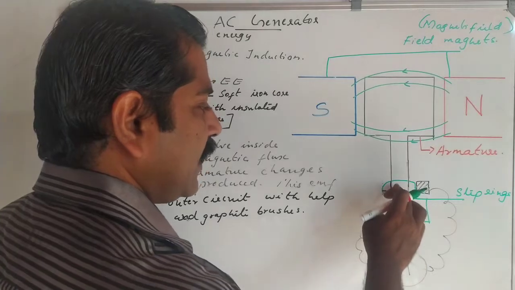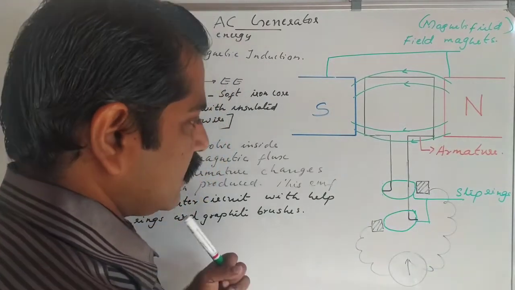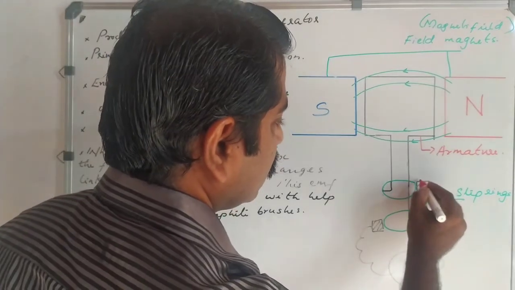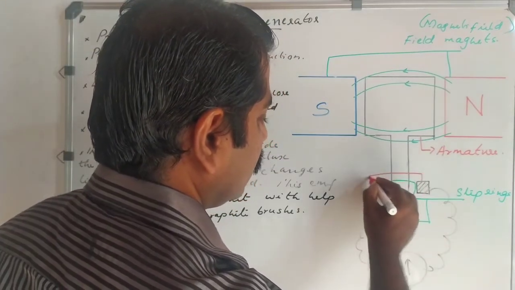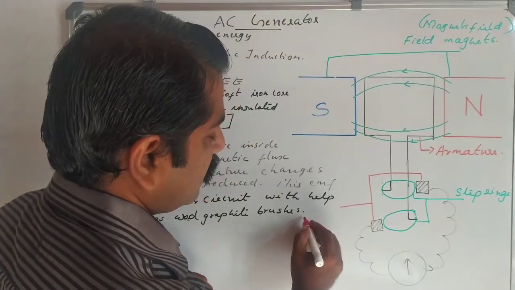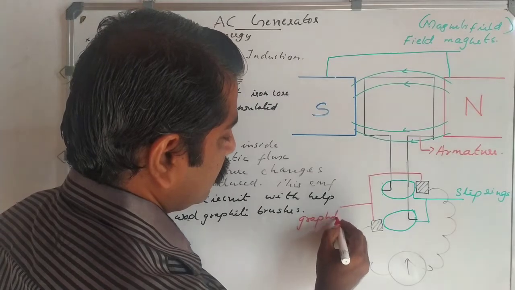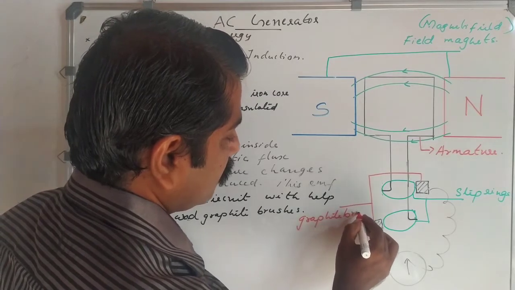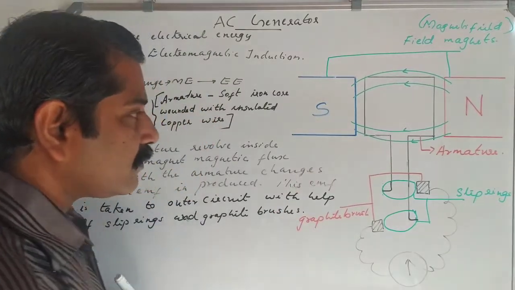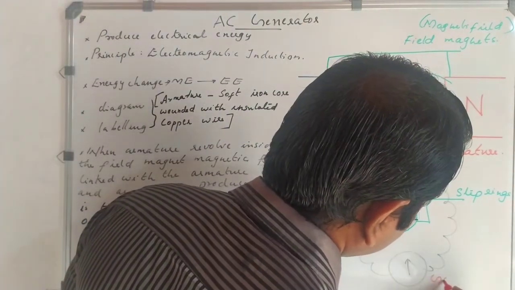And these two metallic rings are in contact with two carbon pieces, graphite pieces. These two pieces are called graphite brushes. Then this is our galvanometer.